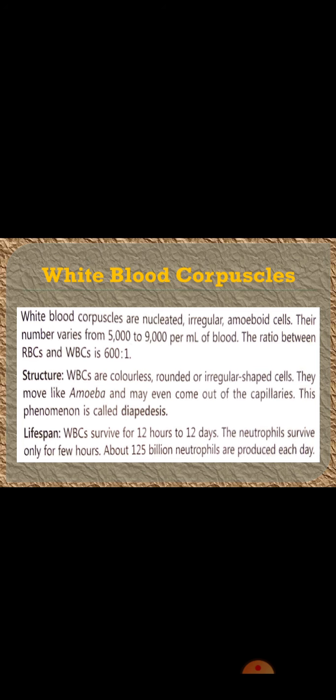The worn out cells, damaged cells, waste cells are destroyed in the liver and spleen. This is an important fact about WBCs, that the worn out cells are destroyed in the liver and spleen. So mark it important.